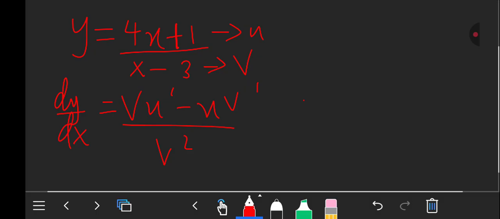Our u is the numerator, so for u prime we differentiate 4x plus 1. The derivative of 4x is just 4. The derivative of the constant 1 is 0, so even if we don't write it, that's fine. Then we differentiate the function v. The derivative of x is just 1, and the derivative of negative 3 is 0, the constant.